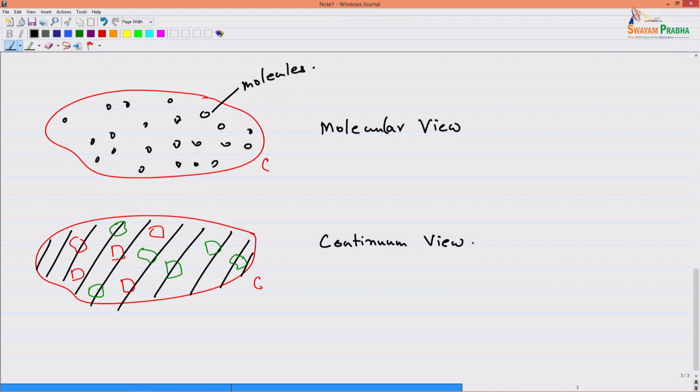Okay, you've heard these words, right? So, this is something which is a particle, or you can also call it an infinitesimal element.